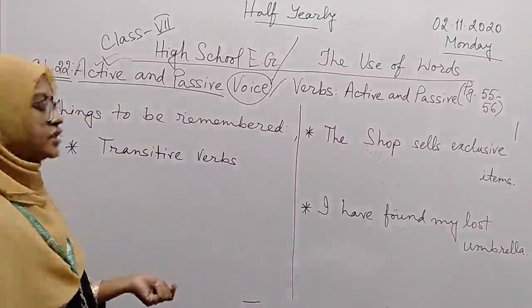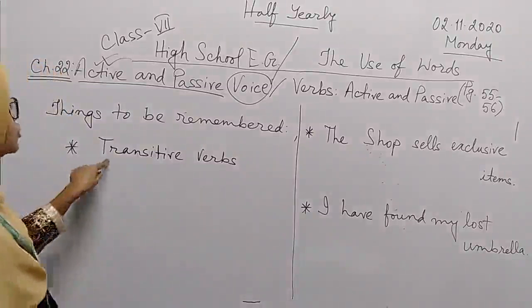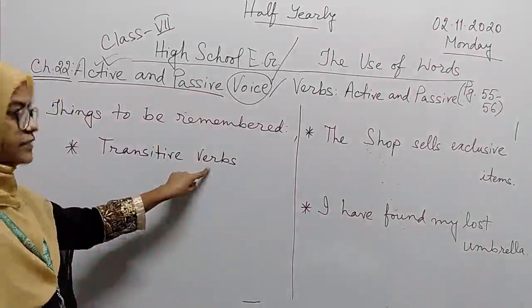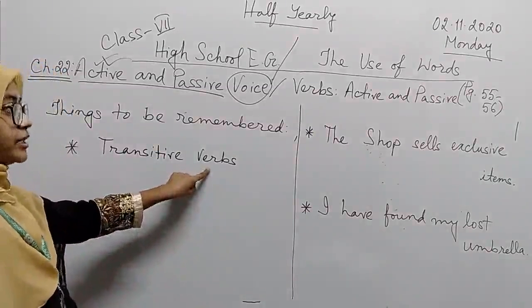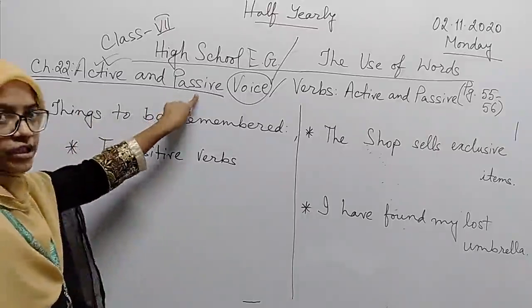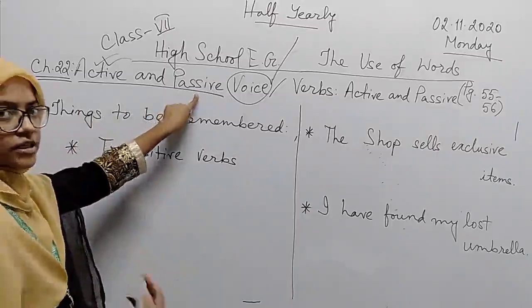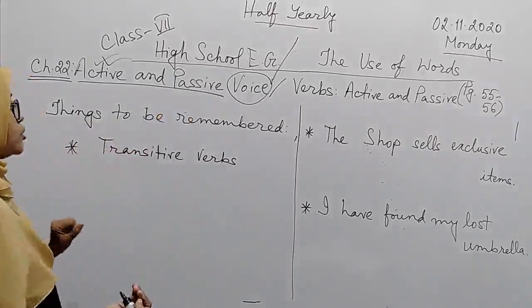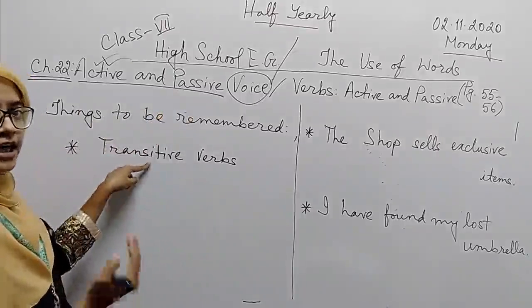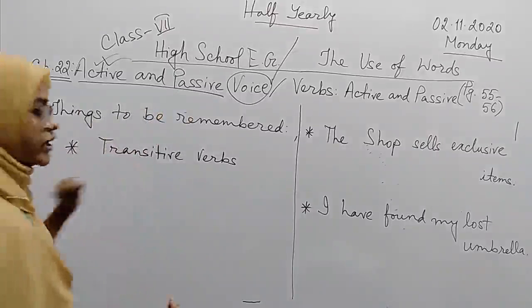I'll explain it in a while. Only the sentences that have transitive verbs can be changed from active into passive voice or vice versa, because transitive verbs, and only these, have objects.